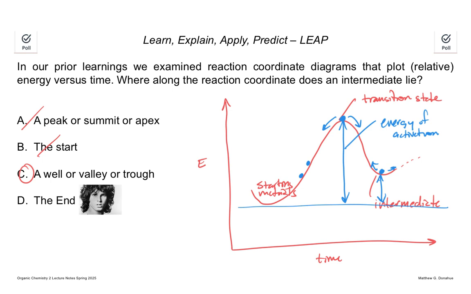But when it's at a peak, the time it can exist there is so short that once it gets to the top, it's either going to fall forward or backwards immediately. So intermediate just means it's longer lived than a transition state. Any questions?